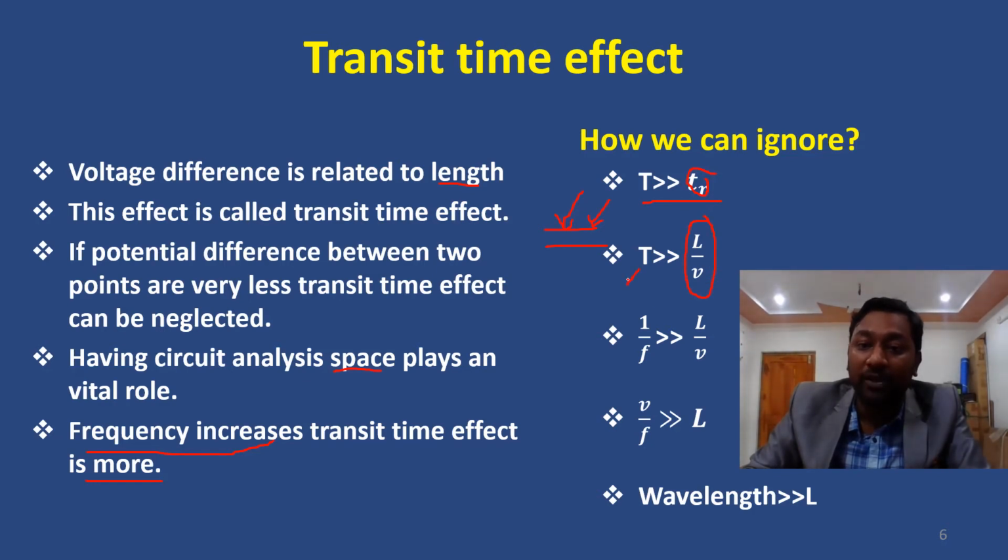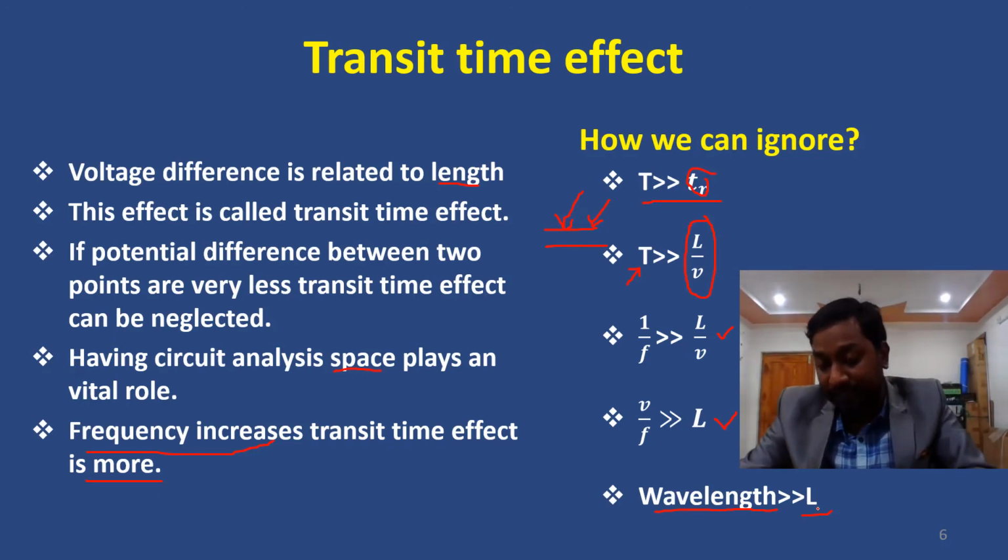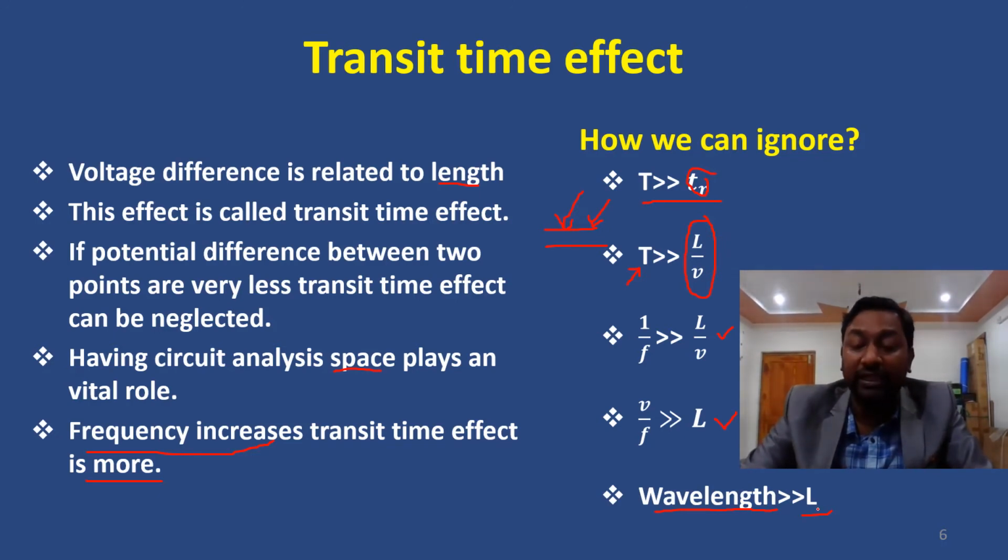Now T is the time period of the signal, T equal to 1 by f. So 1 by f is greater than length divided by velocity, or v by f is greater than length, and v by f we can consider as the wavelength. So wavelength must be greater than length. If wavelength is greater than the length of the line, then we can ignore the transit time.